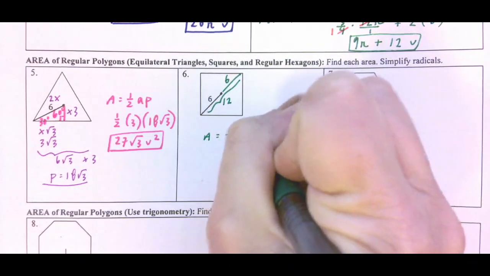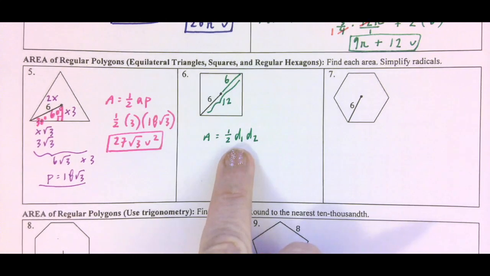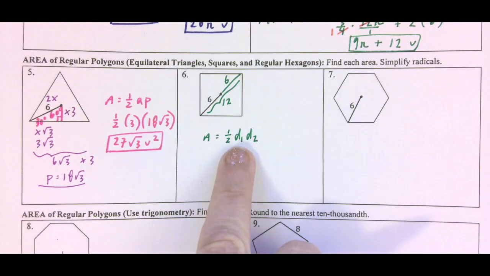Half of diagonal 1 times diagonal 2. So anytime that I have a quadrilateral where my diagonals are perpendicular, I can use this formula. So when I have perpendicular diagonals, that means my shape is a rhombus, a square, or a kite. I can use this formula.